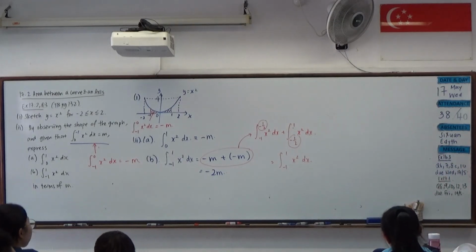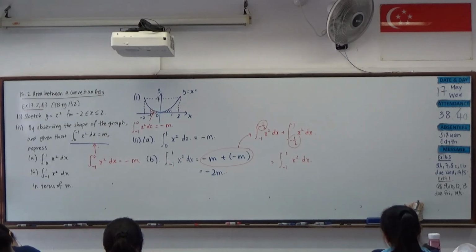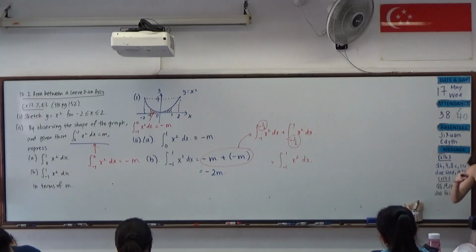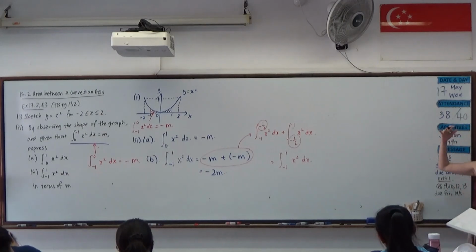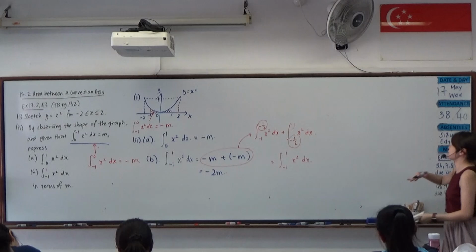Okay, so now that we have looked at the area under the curve for above the x-axis, we will next look at area of the curve that is below the x-axis itself.